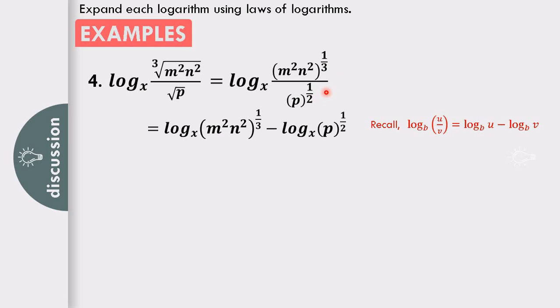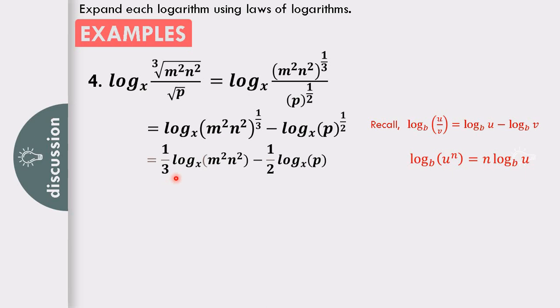Since it is divided, we will subtract. So we have logarithm of m squared n squared raised to 1/3 to the base x subtracted by logarithm of p raised to 1/2 to the base x. Then use the property, so bring down the exponents. So we have 1/3 logarithm of m squared n squared to the base x subtracted by 1/2 logarithm of p to the base x.